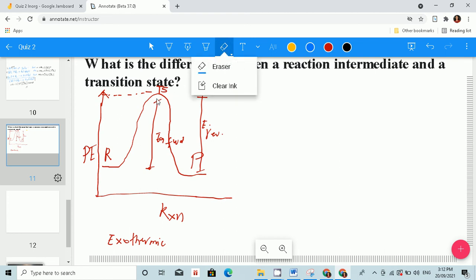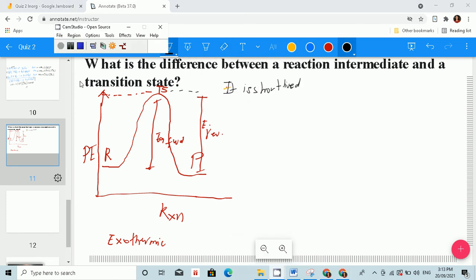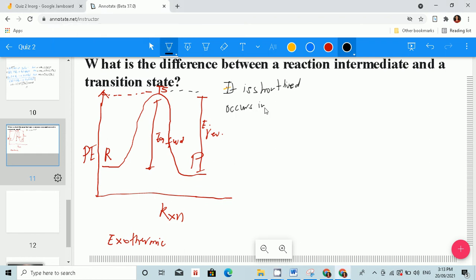It is short lived, and also it occurs in between the reactant and the product, between R and P. And also it is something that cannot be isolated.